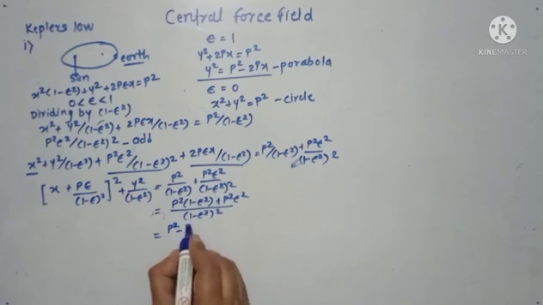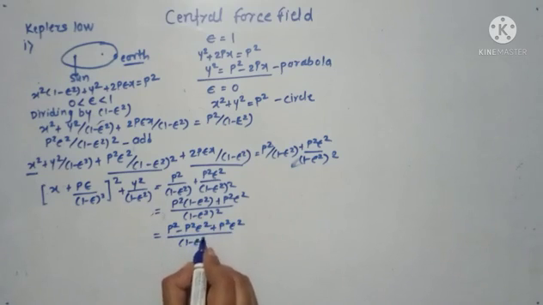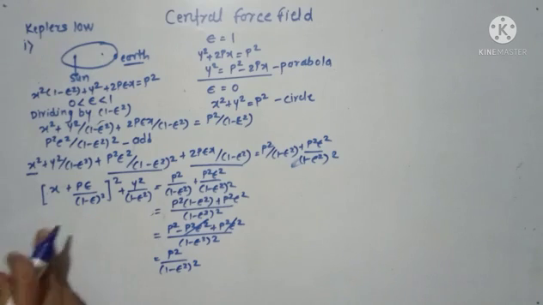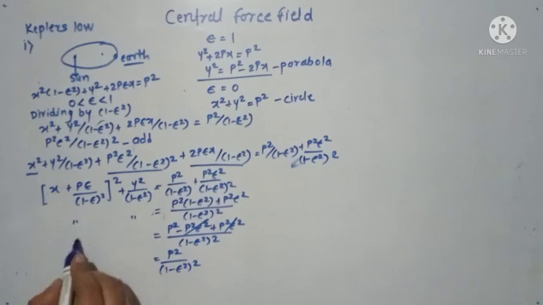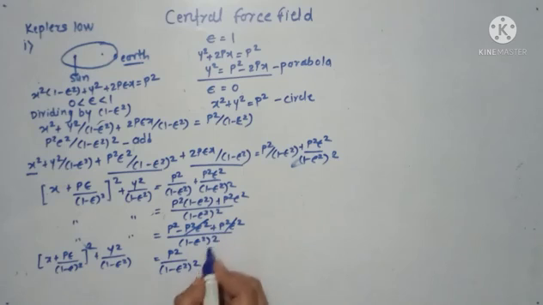So it will be p²/(1 − ε²)². The left hand side will be as it is: (x + pε/(1 − ε²))² plus y²/(1 − ε²). Now if I divide this whole term by p² and (1 − ε²), I will write it here.